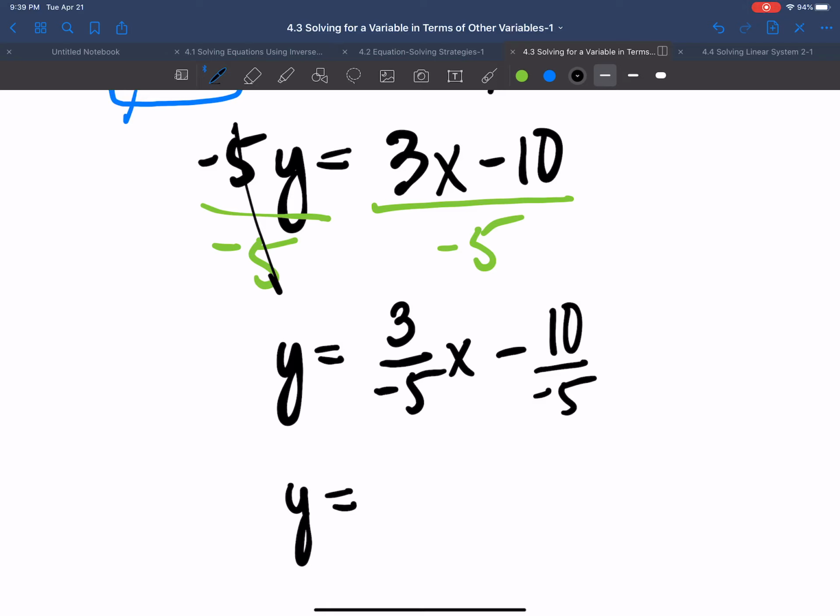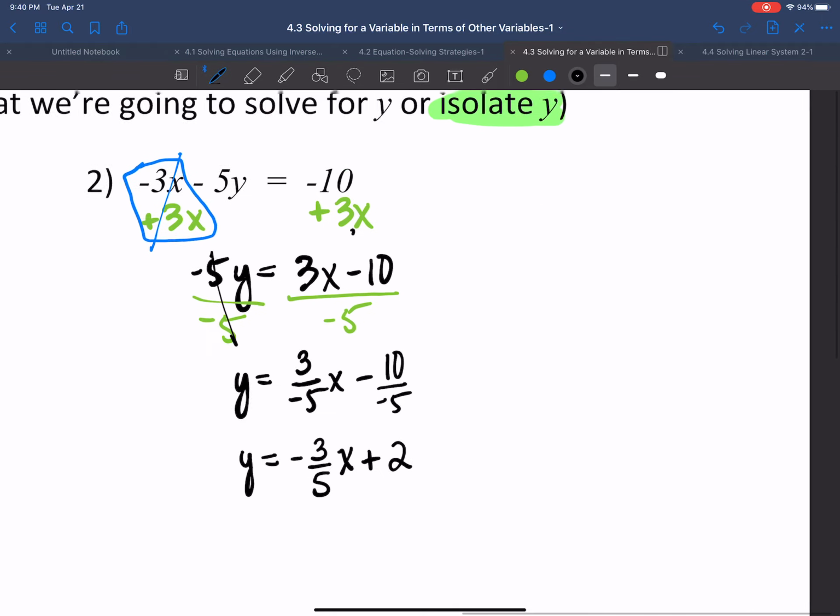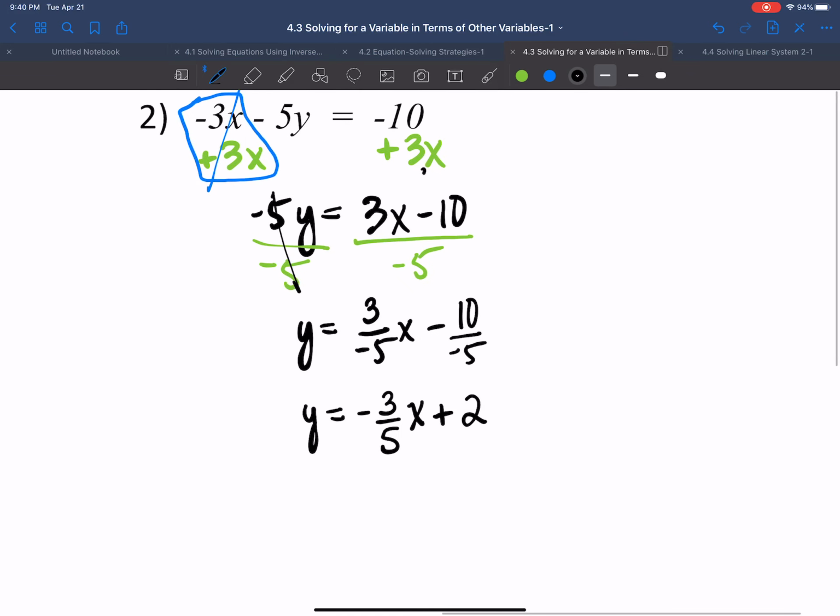So 3 divided by -5 cannot be reduced without getting a decimal, so we're going to leave it as -3 over 5 x. And then -10 divided by -5 is +2. This will help us later on, because if you remember what we did before with slope and y-intercept, now I know the slope and I know the y-intercept, and I'd be able to graph that.